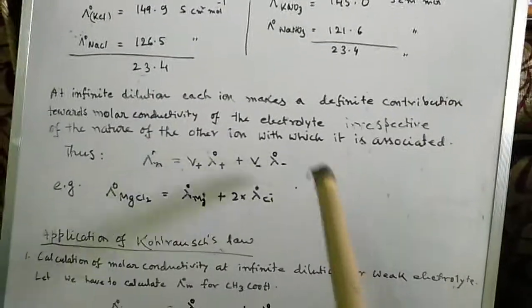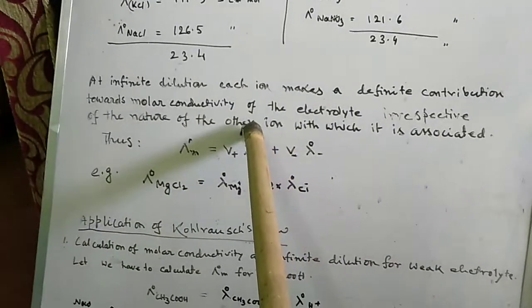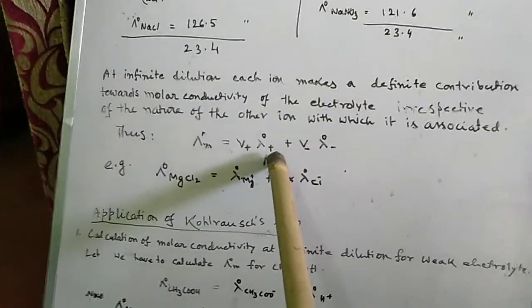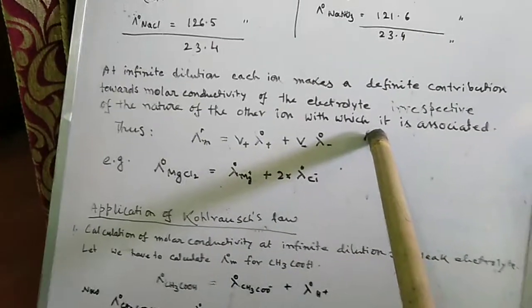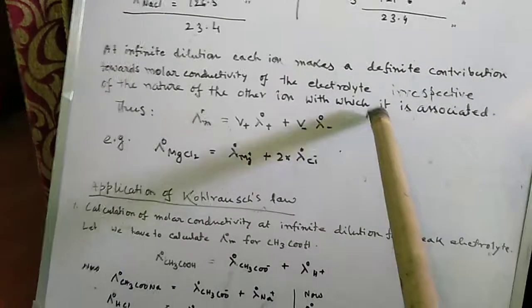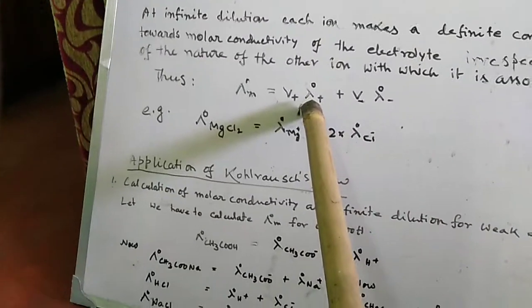That means whatever the other ion associated, it does not depend on it for its own conductivity, and this conductivity of each ion is called molar ionic conductivity, represented by lambda.